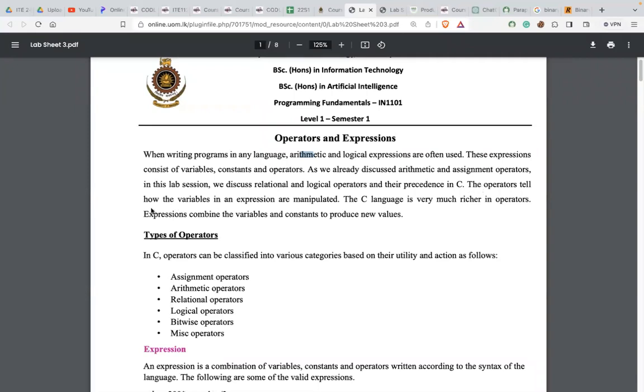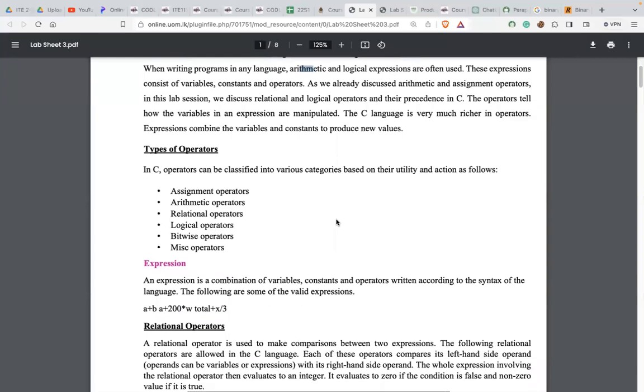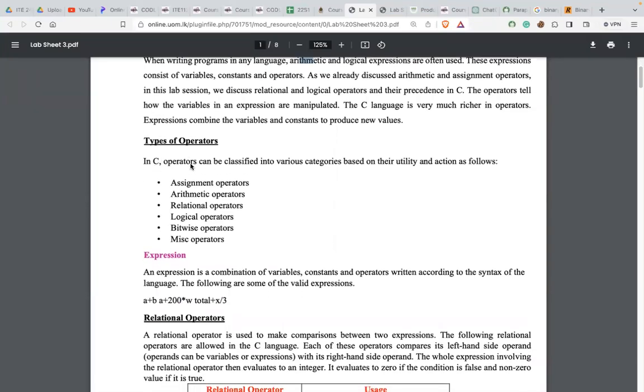The C operators tell how the variables in an expression are manipulated. The C language is very rich in operators. Operators and expressions combine variables and constants to produce new values. Types of operators: in C, operators can be classified into various categories based on their utility and action.